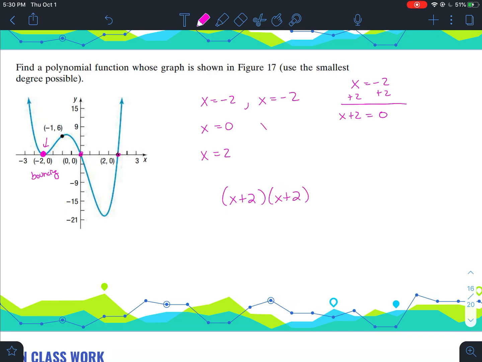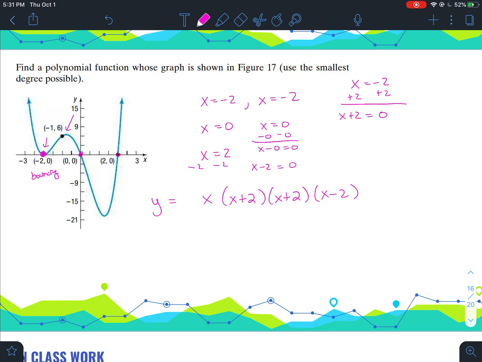Now, x equals 0, so x minus 0 equals 0. That's just x. You could also write it as x minus 0 if you wanted to. And for this last one, subtract the 2, and x minus 2 would equal 0, so x minus 2 could also be a factor.